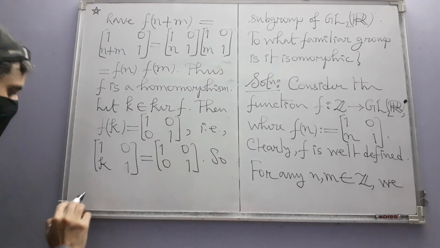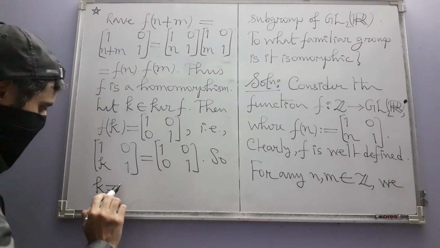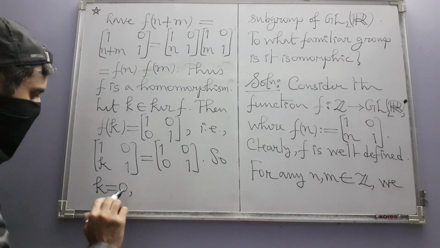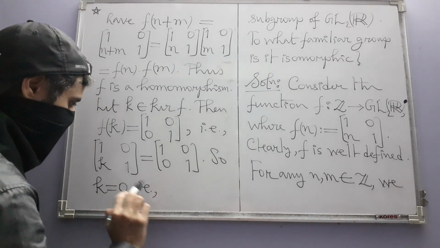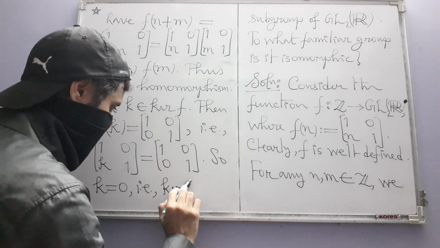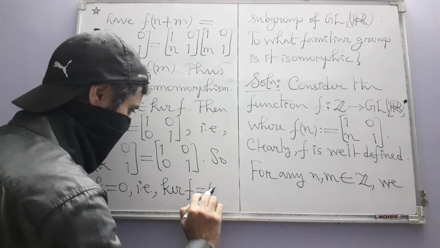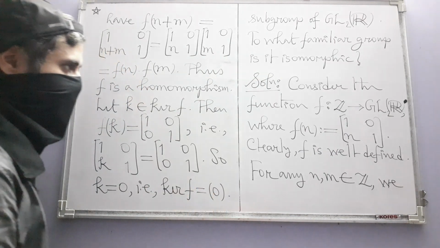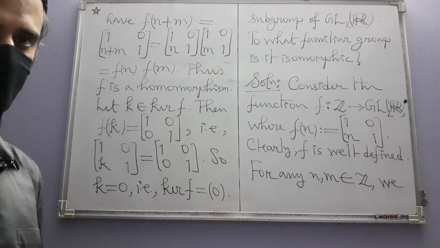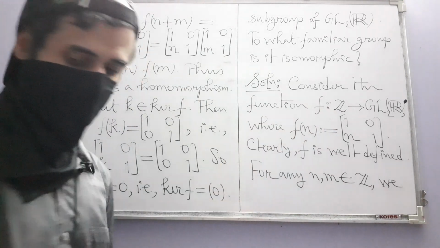So this implies k has to be equal to 0, i.e. the kernel of f is the trivial subgroup consisting of only the identity element of this, of course.